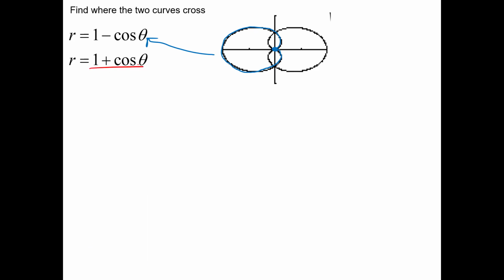But for this one, when theta is 0, 1 plus 1 is 2, you're not at the pole. You're over here. And then when theta goes to pi over 2, you're at an r value of 1. So what we are looking at is this graph right here, and then this one goes like this.